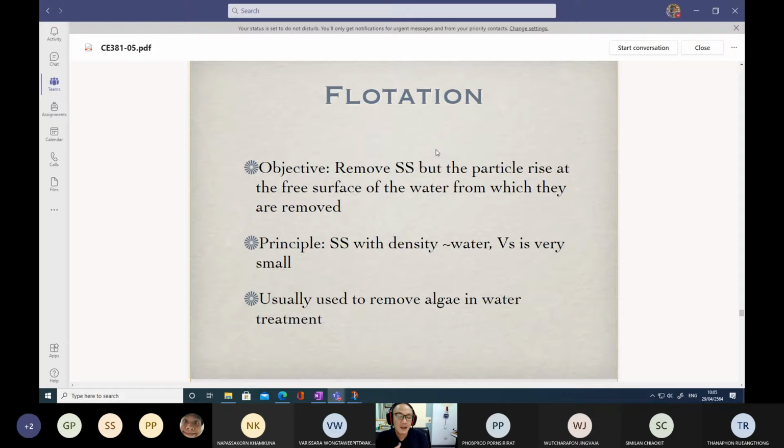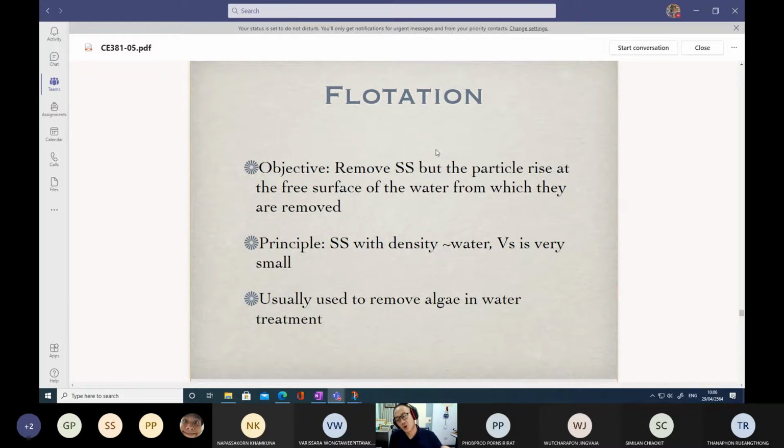The density is even lower, so sometimes the overall density of the suspended solids in combination with the bubbles is smaller than water. When the density is smaller than water, it can move up to the surface, so we can remove these suspended solids directly from the surface. We don't have to wait for them to settle to the bottom of the chamber and collect from the bottom.